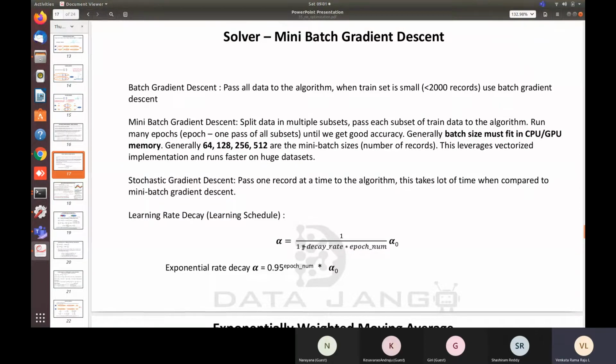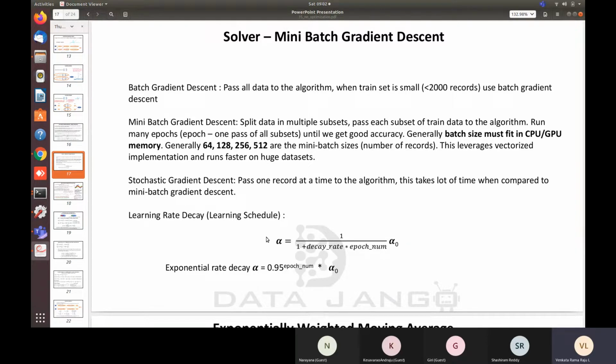So here, alpha equals 1 by (1 plus decay rate times epoch number) into alpha 0. Alpha 0 is the base number you have chosen, and decay rate is a random number. You substitute it, and every iteration the alpha will reduce.